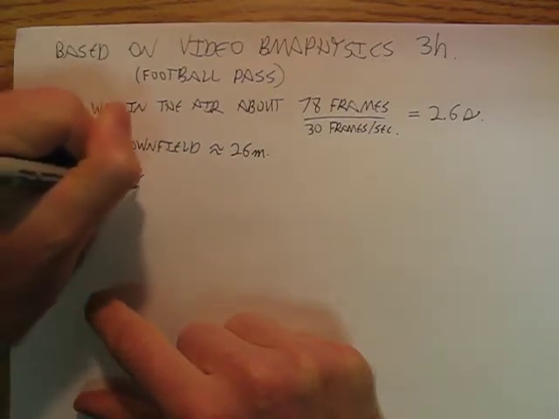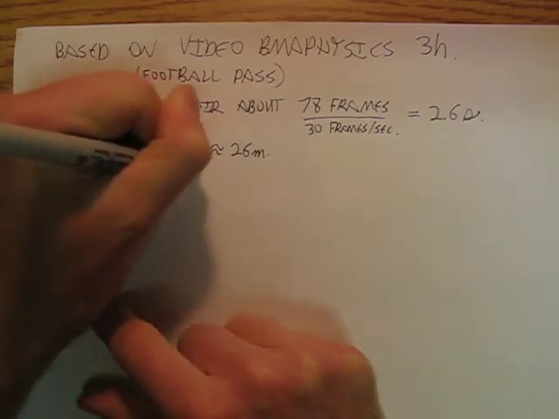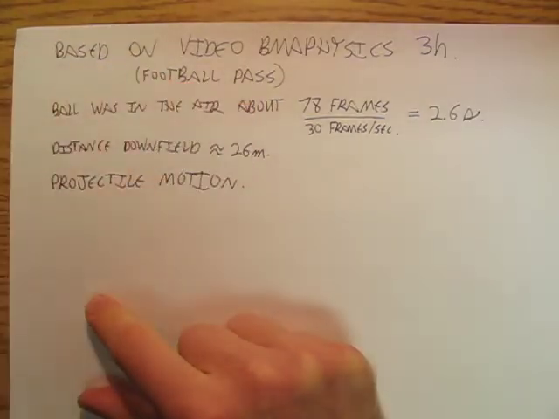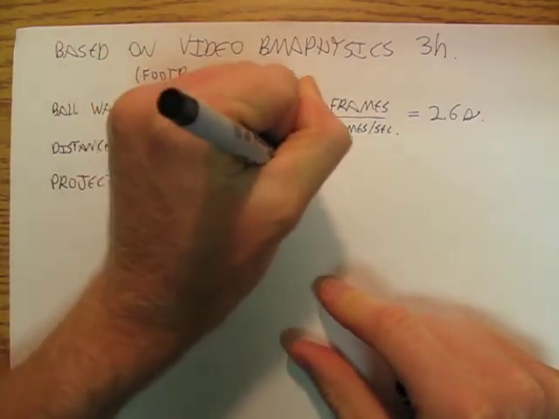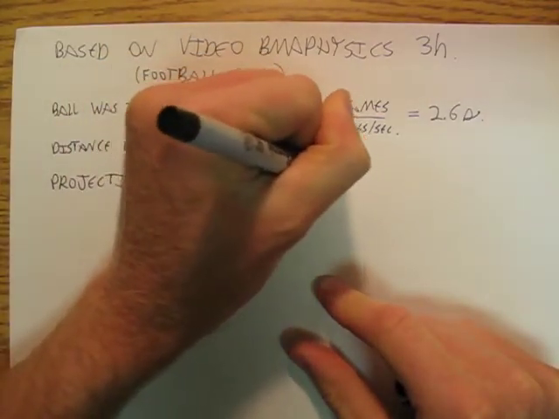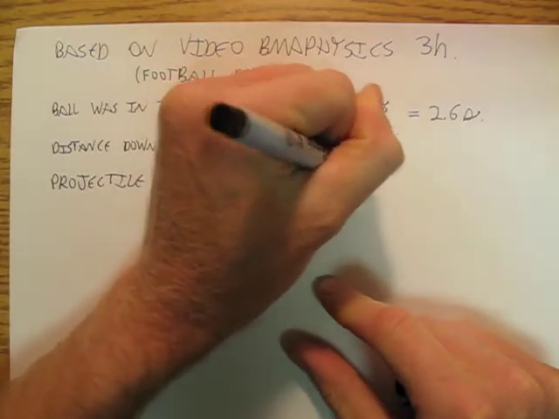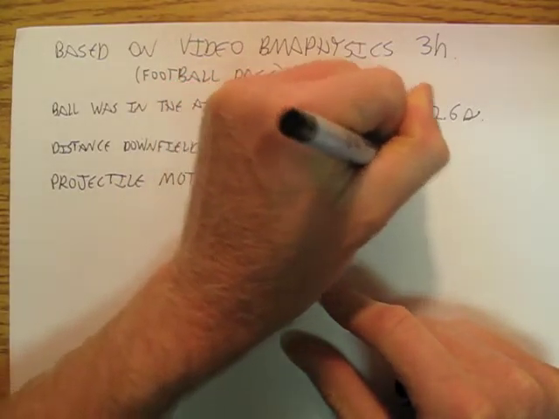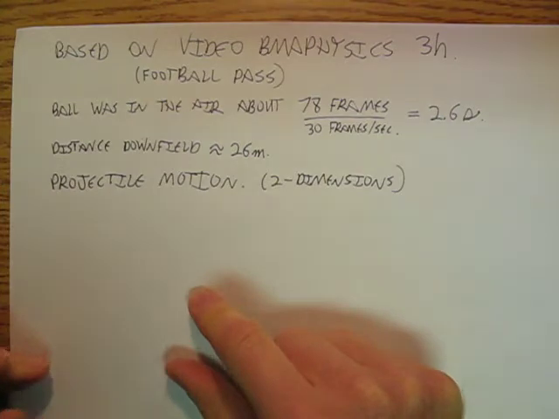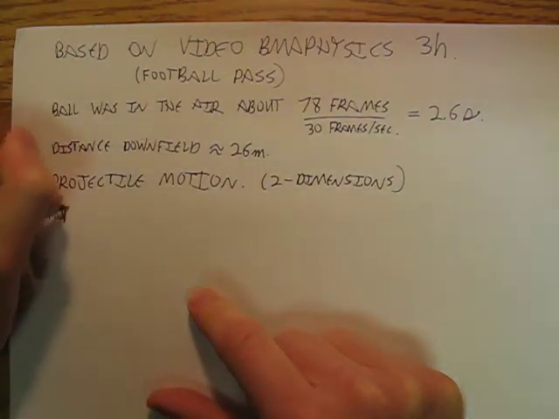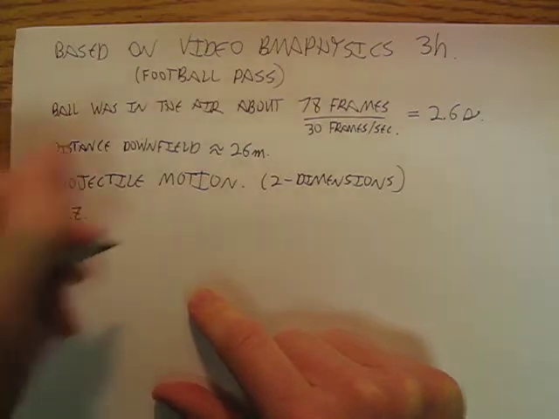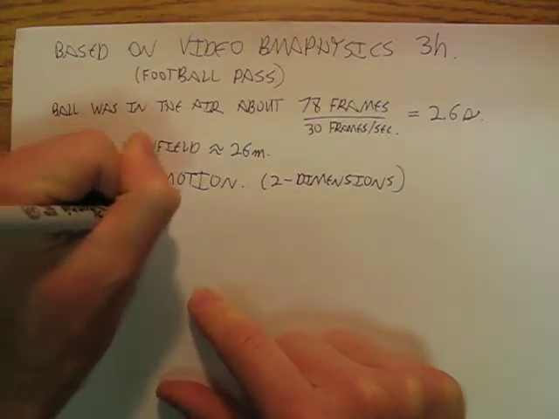Okay, so now we're talking about projectile motion, and we're going to be in 2 dimensions. So the 2 dimensions we're going to have is a horizontal dimension and a vertical dimension.